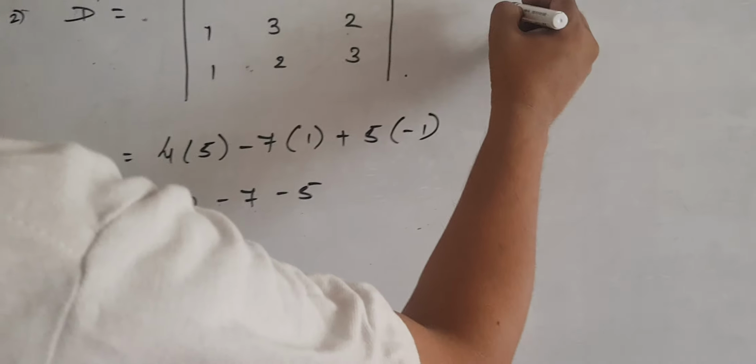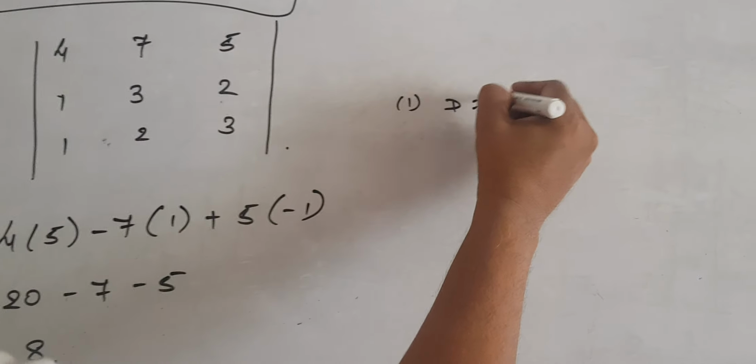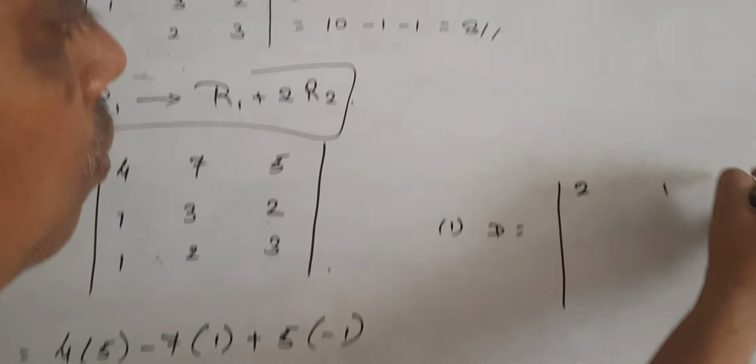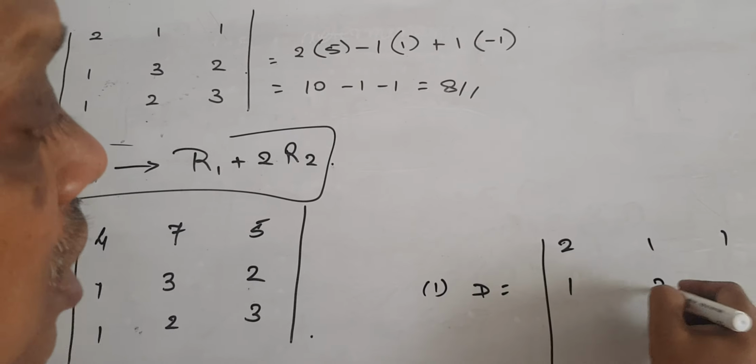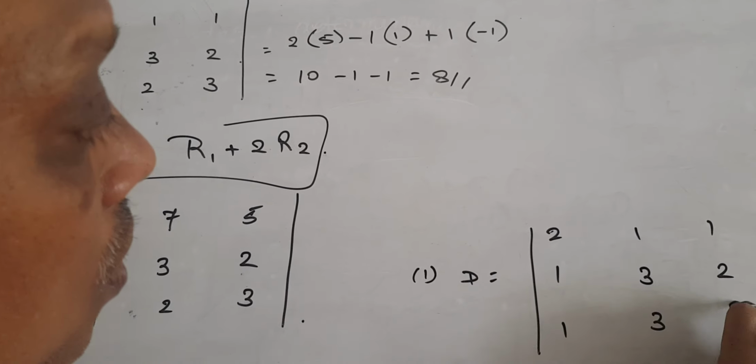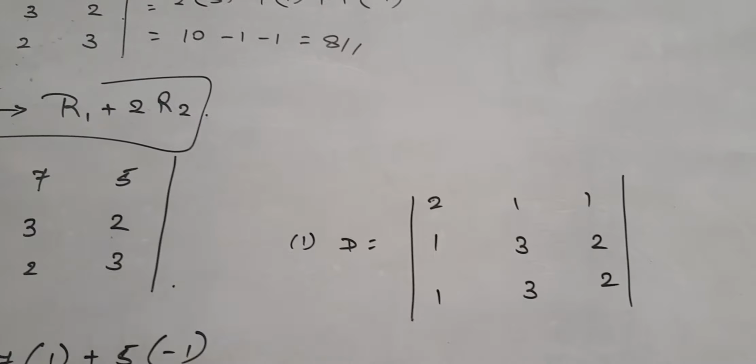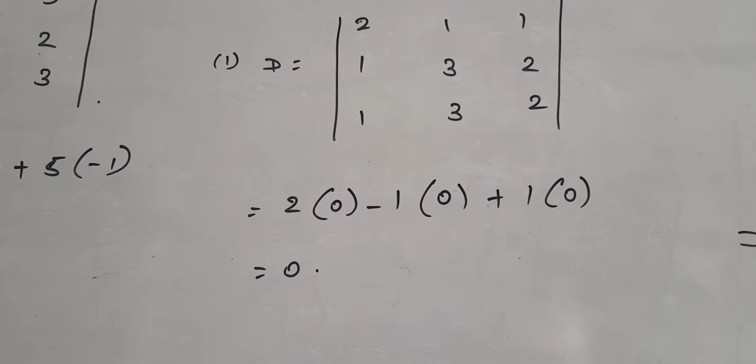अब जरा ध्यान से देखो, यही सब में D is given as what? 2 1 1, 1 3 2, 1 3 2. What is the value of this determinant? So 6 minus 6 is 0, minus 1 into 2 minus 2 is 0, plus 1 into 3 minus 3 is 0. So it is what? 0.